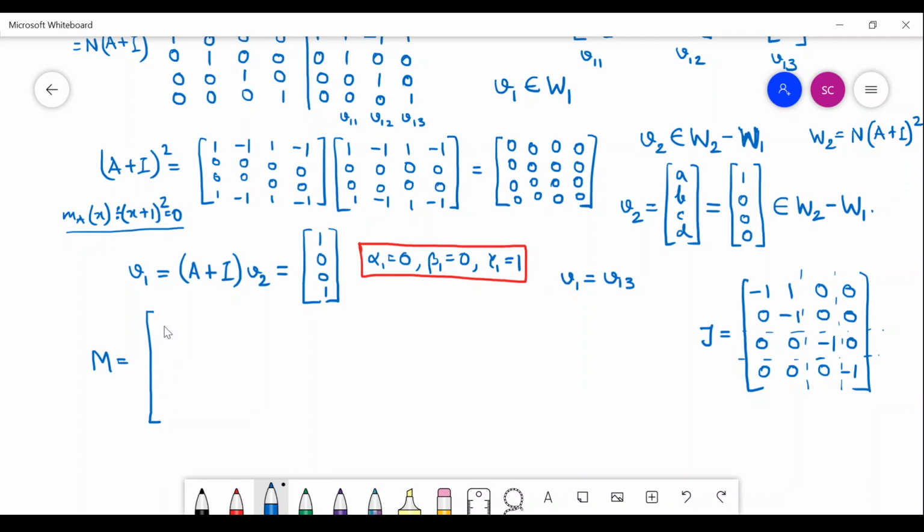So your V1 is 1 0 0 1, V2 is 1 0 0 0, and you have your V11 and V12 placed here, and I am looking at my notes and copying it down: 1 1 0 0 and minus 1 0 1 0. So this is your modal matrix M, and you can do the check.